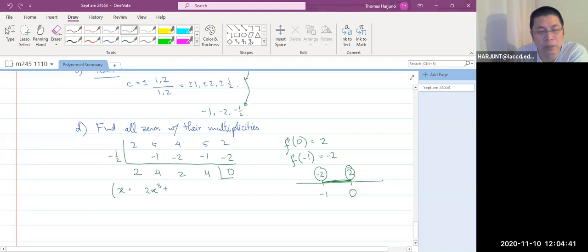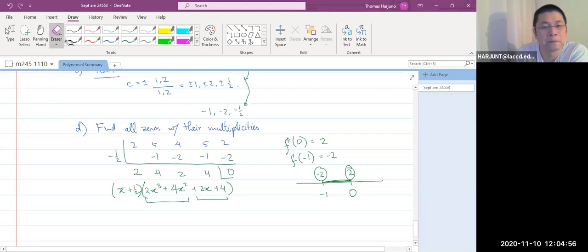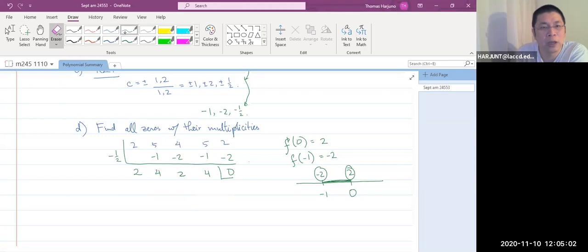This is (x plus 1/2) times (2x cubed plus 4x squared plus 2x plus 4). Notice that you can do factorization by grouping already. But suppose you don't realize that, then okay, fine.